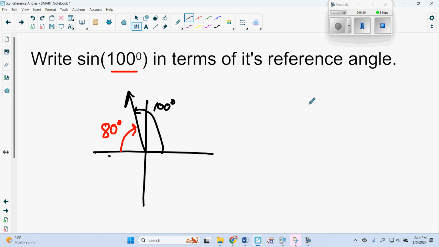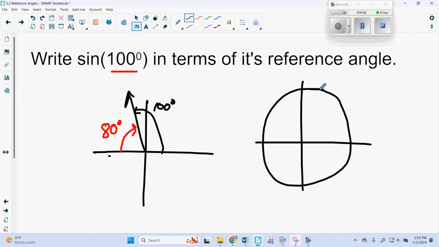Now, as we think about the unit circle, and I really am going to stress, draw pictures as you do these. So if I consider sine of 100, right? Here is my sine of 100. Right there, my sine of 100 is the y coordinate. Now consider my reference angle of 80 is right here.